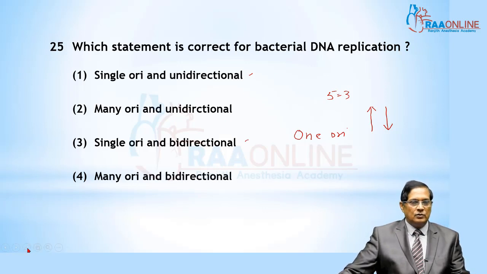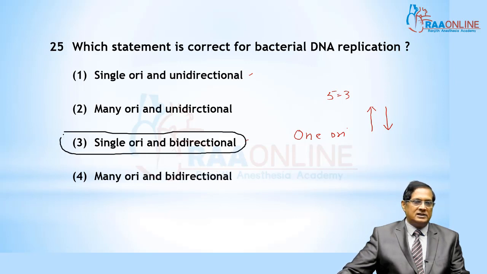So single Ori site and bidirectional process. The number of Ori sites seen in eukaryotic cell.